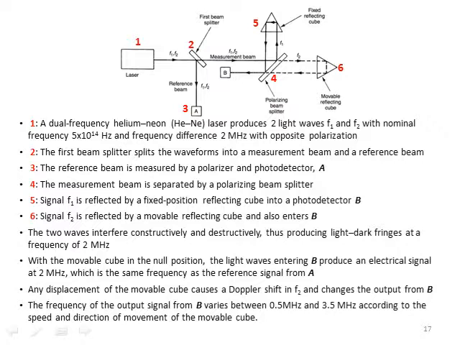And because this is optical, the optical quality of the polarizing beam splitters and the reflecting cube also determines how much displacement change you can resolve when you pull in both signals to detector B.